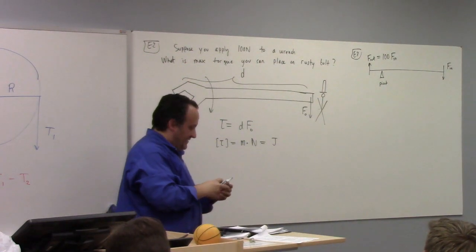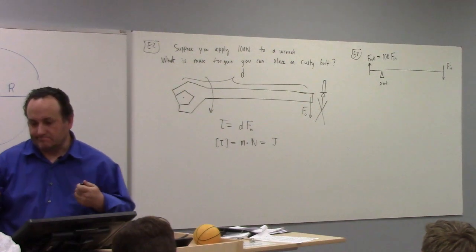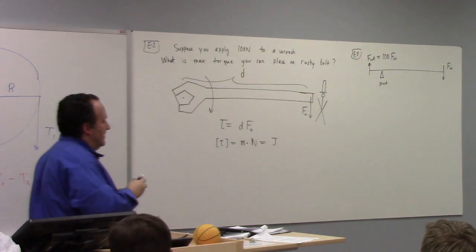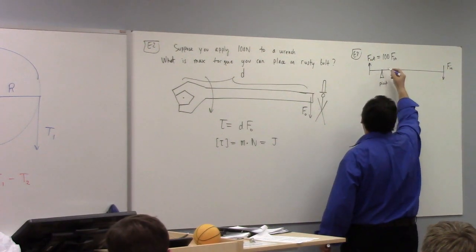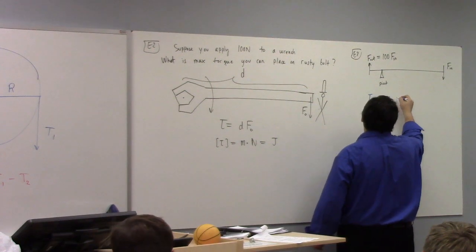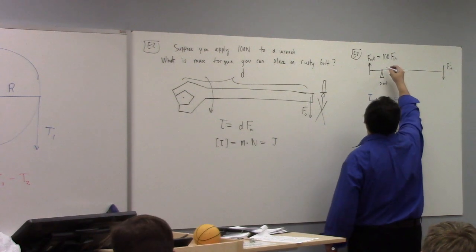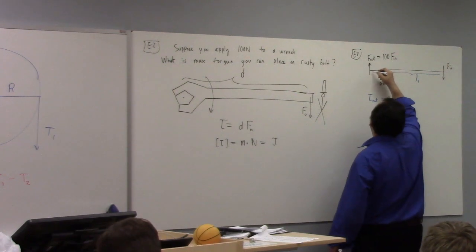The idea here is that at the pivot point, the torque should be 0. So that means what? If we look at this point right here, the sum of the torques is equal to 0. On the one hand, let's say this is L1 and let's call this thing L2.